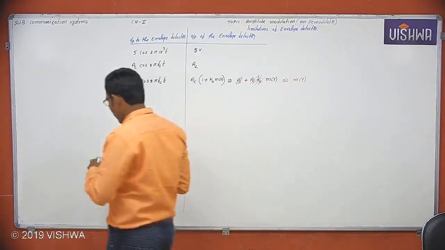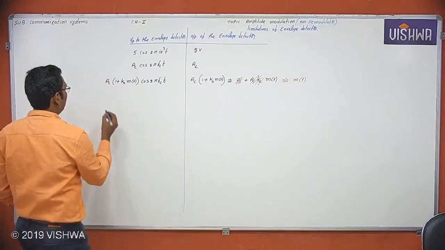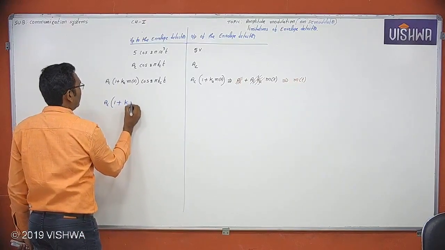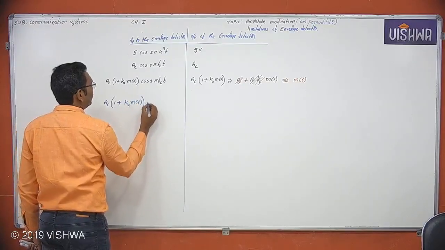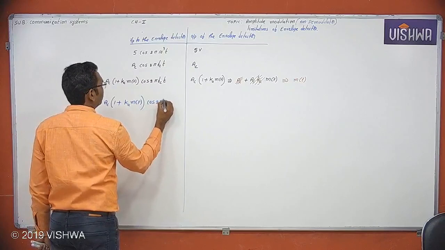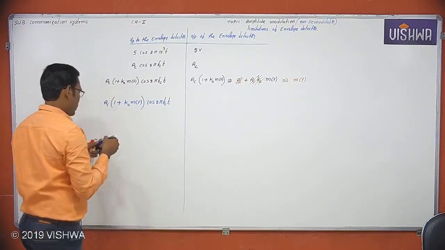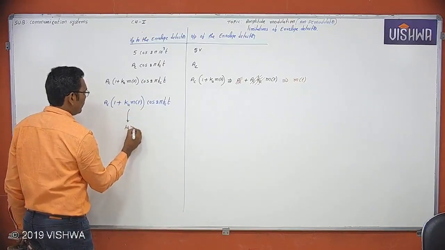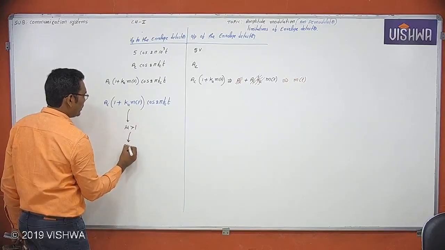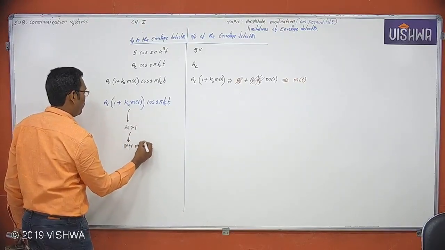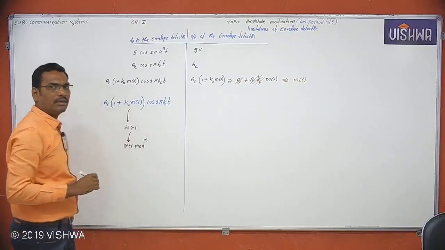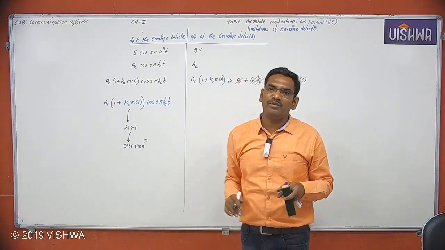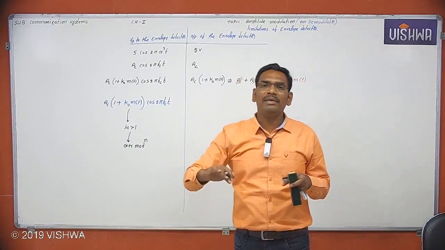But now see here, the same situation, Ac into 1 plus Ka into m of t into cos 2 pi fc t, but here mu is greater than 1. Over modulation is taking place. Already I am saying that whenever an over modulated signal is applied to the envelope detector, the negative peaks will become positive.